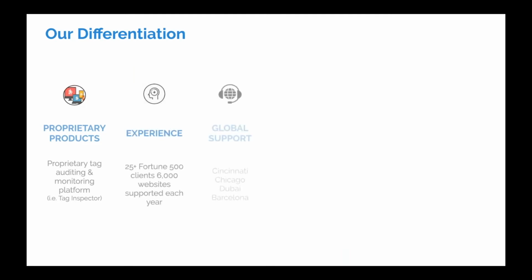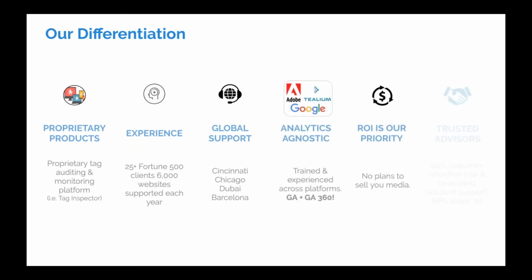I do want to also explain our differentiation between ourselves and some of the other analytics agencies out there. One of which is the fact that we have a proprietary technology called Tag Inspector. I mentioned our focus is giving our clients accurate and actionable data. In order to ensure a client's data is accurate, it is very helpful to scan their website and ensure certain technologies such as Google Analytics are on every single page.